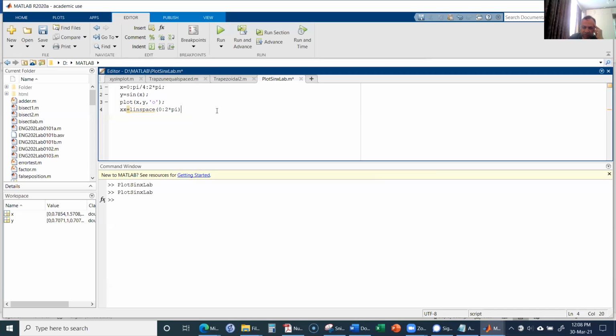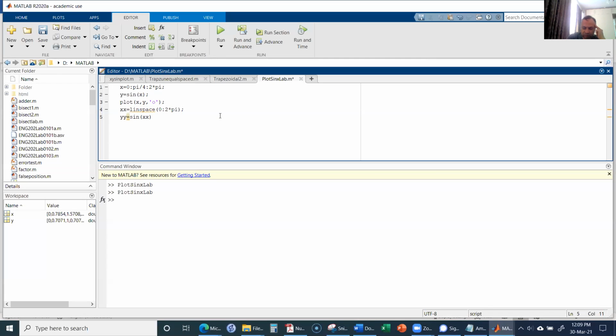In this case, I will get about 100 values of x from 0 to 2 pi, so the data will be quite smooth. And the new y values will be the sine of these xx values.